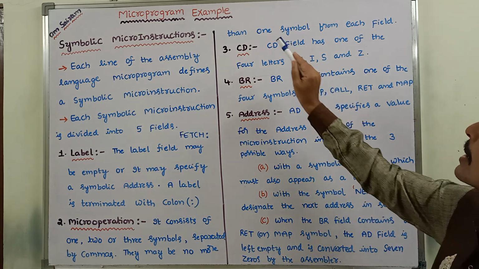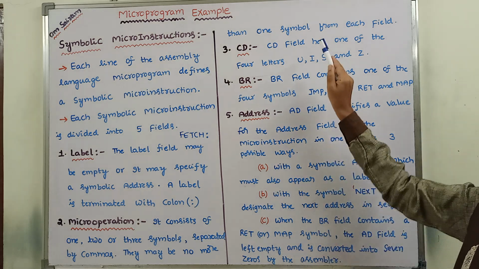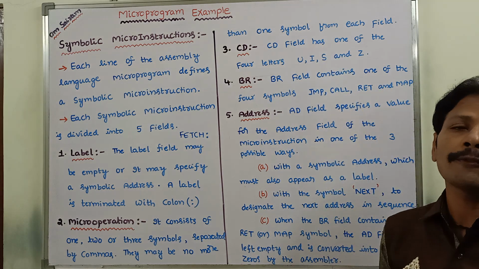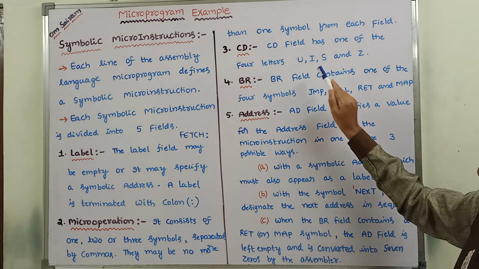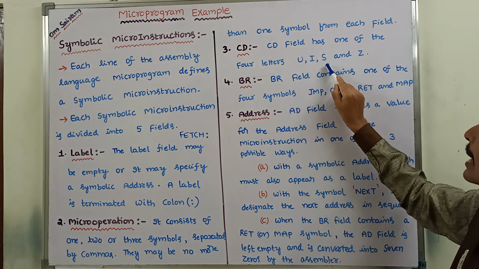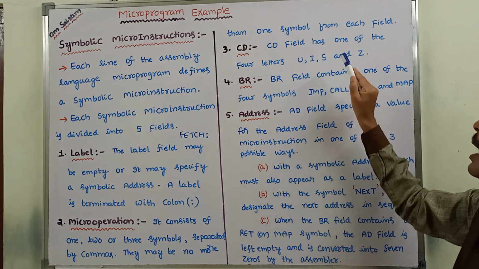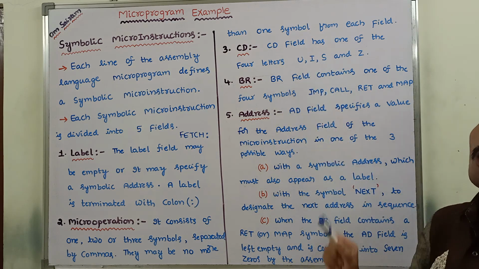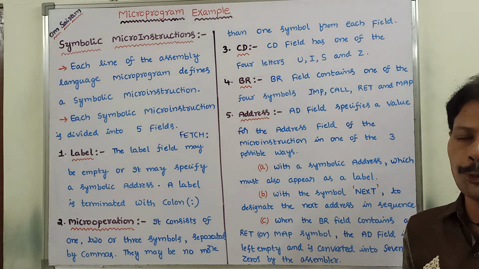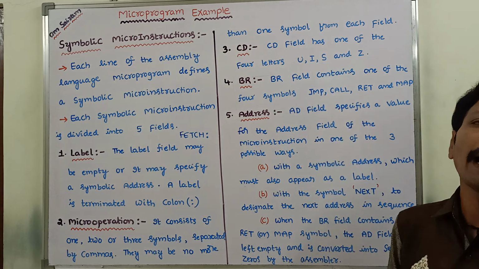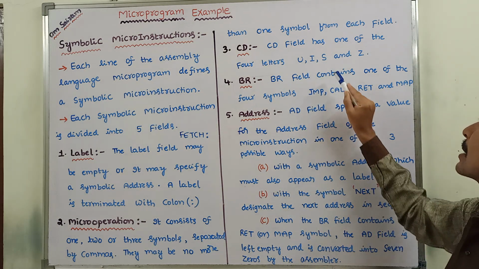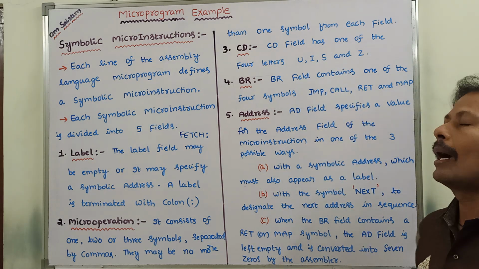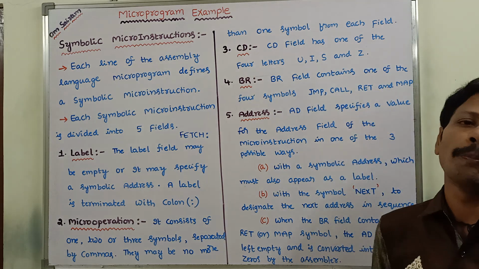Next one, CD field. CD field has one of the 4 letters U, I, S and Z. These are the status bit conditions. U is always conditionally true. I means indirect address bit. S means a sign bit and Z means 0 bit.